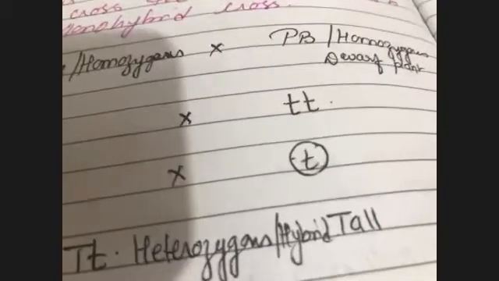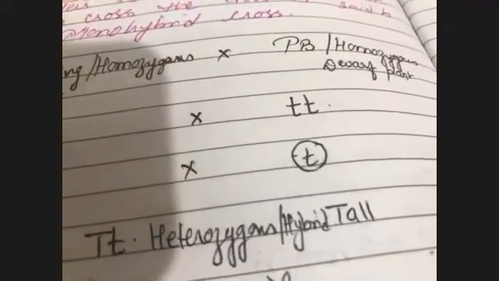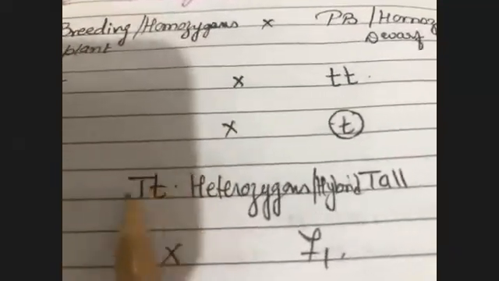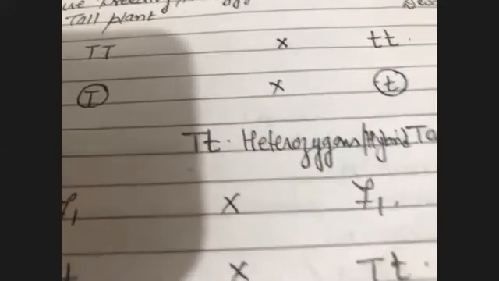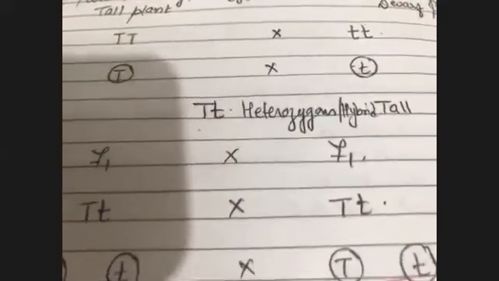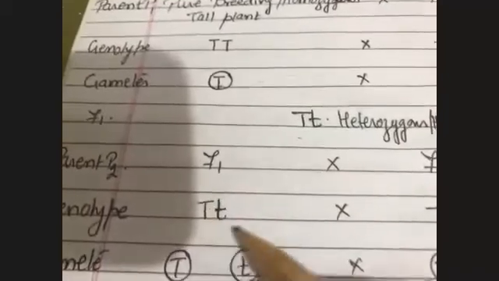But when I produce the ova, I am producing two separate ova, either a tall ovum or a dwarf ovum. The same way, when it is producing the gametes, they will be capital T, small t individually. So even after being together for one whole generation, they were pure in their form.